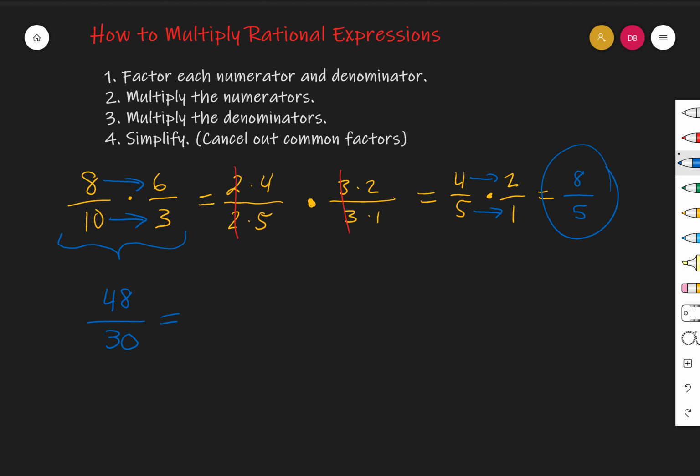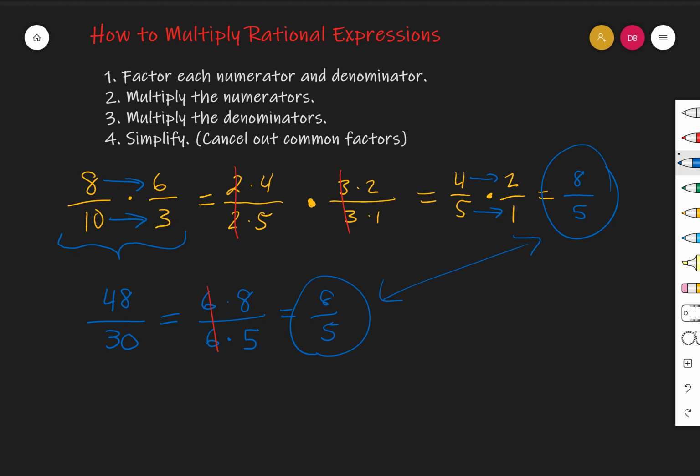So we know they're both divisible by 6. So 48 is 6 times 8, and 30 is 6 times 5. And then our 6's would cancel, and we're left with 8/5. Same answer.